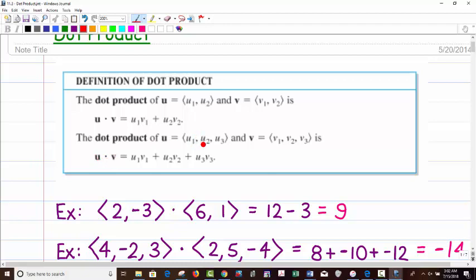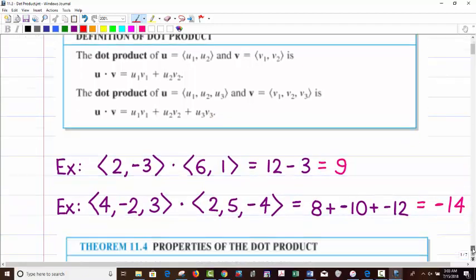And if u1, u2, u3 are the components of u, and v1, v2, v3 are the components of v, your dot product is u1 times v1, plus u2 times v2, plus u3 times v3. So it's really that simple.